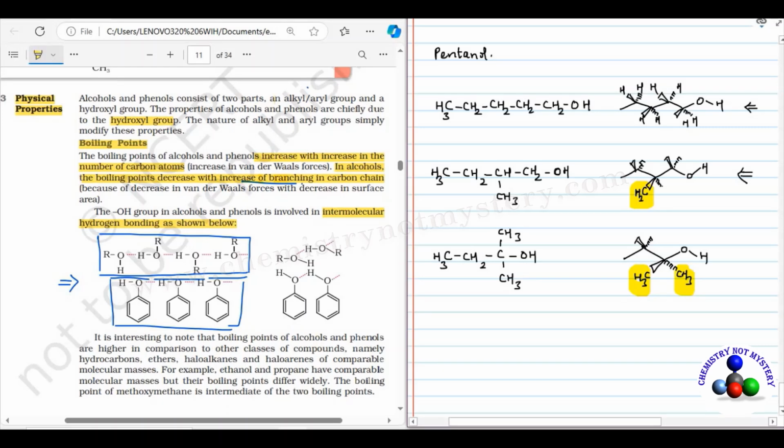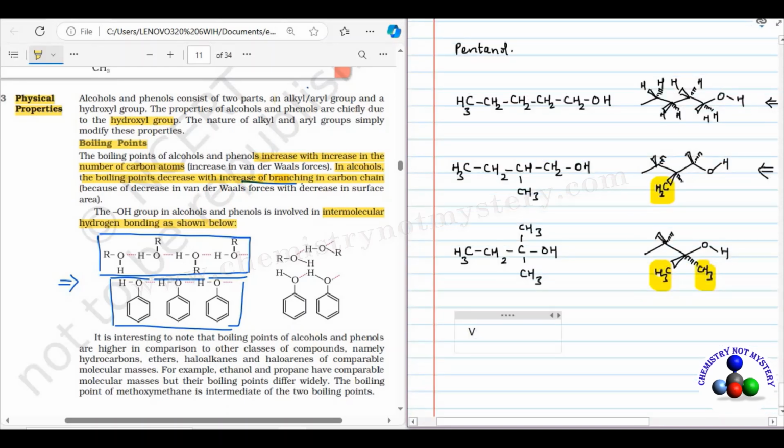When two molecules come in contact with each other, the van der Waals force of attraction comes into action. When there is no contact, there will be no van der Waals force of attraction. So that's why here I can write van der Waals force of attraction is directly proportional to the points of contact.